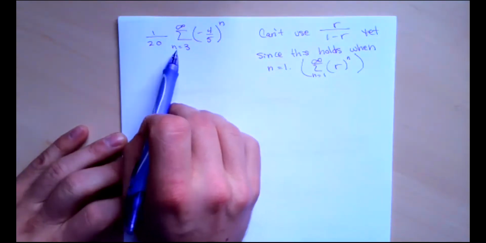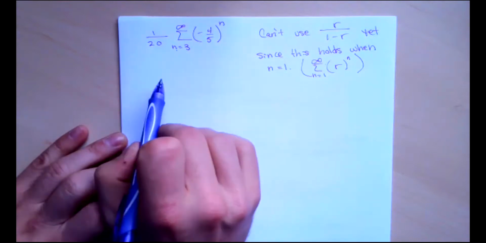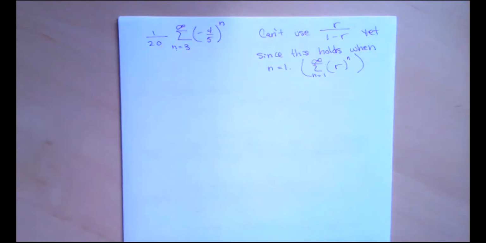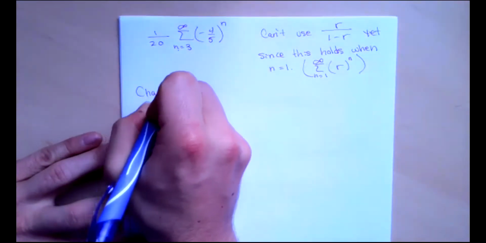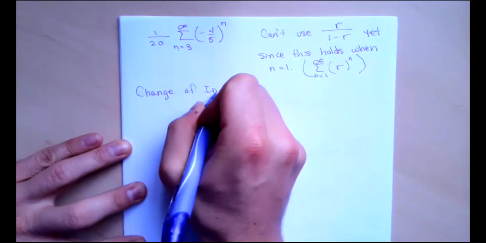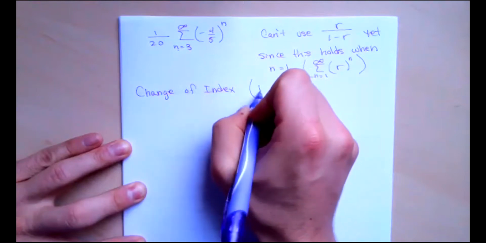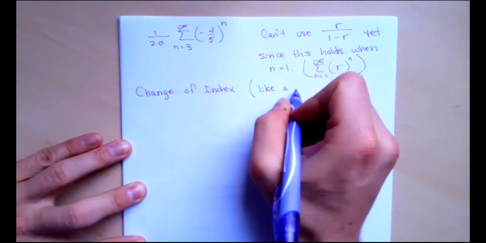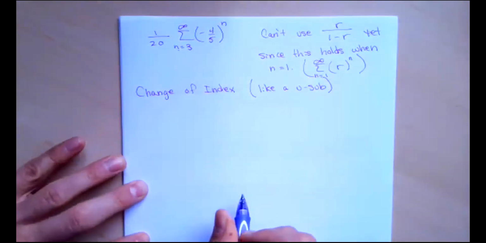And it often helps in understanding how to manipulate our variable. This is essentially like doing a U-sub. So I'll write it down. Let's call it a change of index. This is like a U-sub, and in fact, it's kind of like doing an easy U-sub.